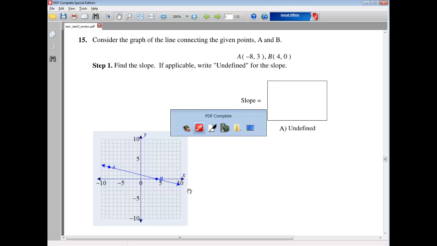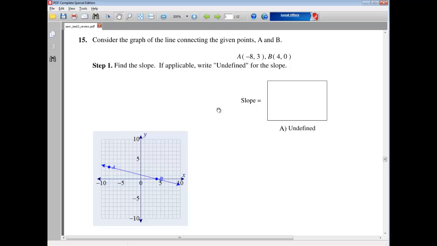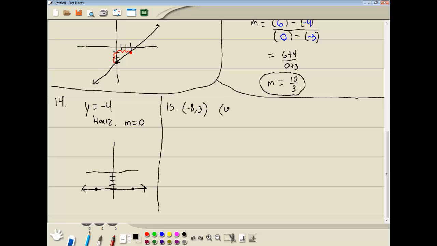We got (-8, 3) and we got (4, 0). I'm not going to go through their bizarre method there. You don't need the graph to actually determine this. The graph is nice to double check your slope, and also your y-intercept, but that's about the extent of it. Our first step is to find m.